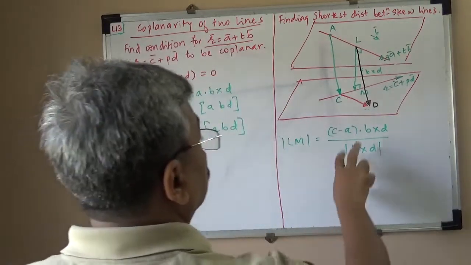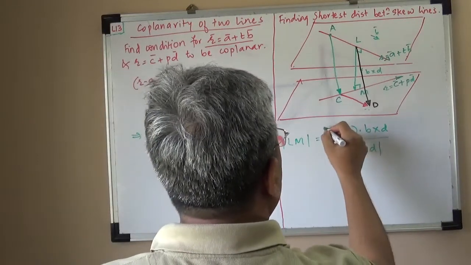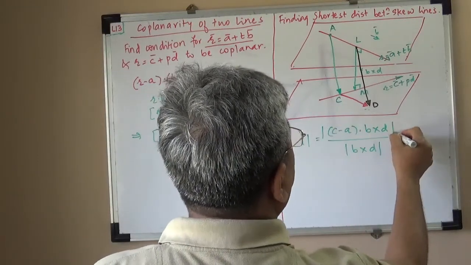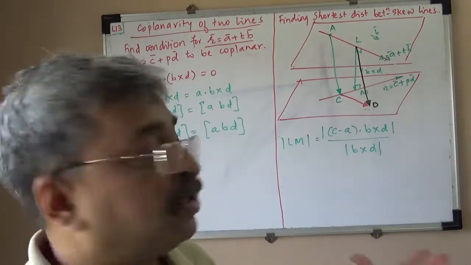Now this particular box product can be negative, and we want distance to be always positive. Therefore this is how we find out the distance between skew lines.